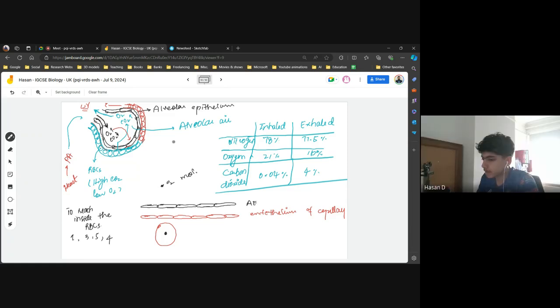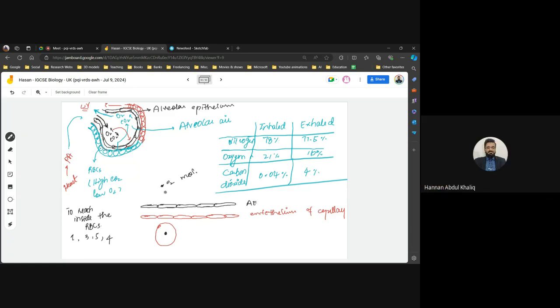Now the thing is, it would first pass through this membrane, then through this membrane, then through this membrane, then through this membrane, and then through this membrane to enter into the red blood cell. How many times did it pass through the cell membranes?